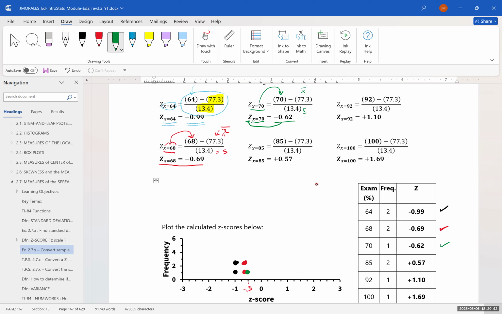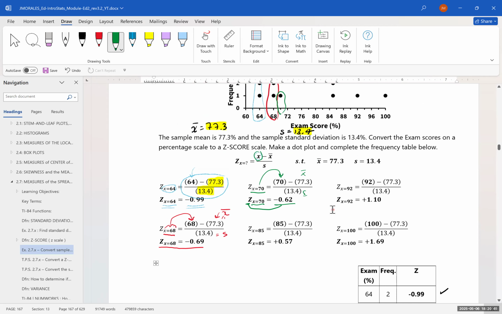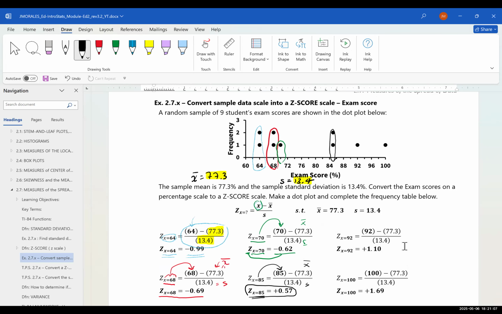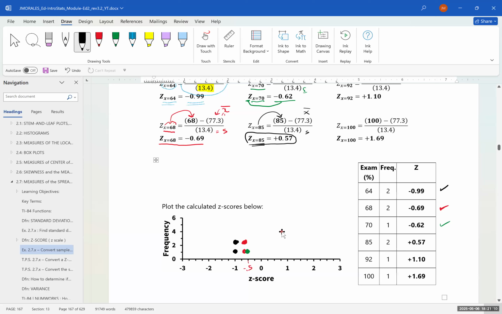And there's only one of those. And let's see, for 85, right here, when x is 85, we can put 85 in for x, same x bar, same s, and we get a z-score of positive 0.57. So positive 0.57 when x is equal to 85. 0.57 would be somewhere right about here. And we've got two of those.